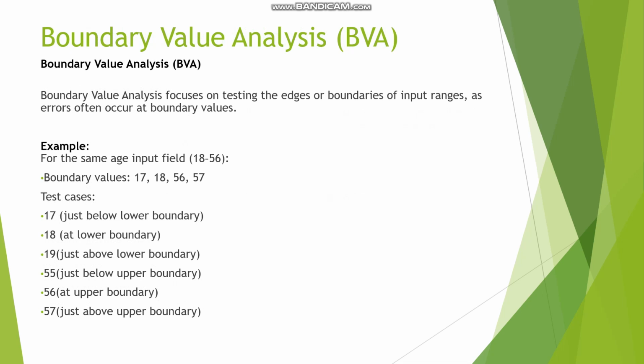Boundary value analysis. Boundary value analysis focuses on testing the edges or boundaries of input ranges, as errors often occur at boundary values. For example, for the same age input 18 to 56, boundary values are 17, 18, 56, 57.